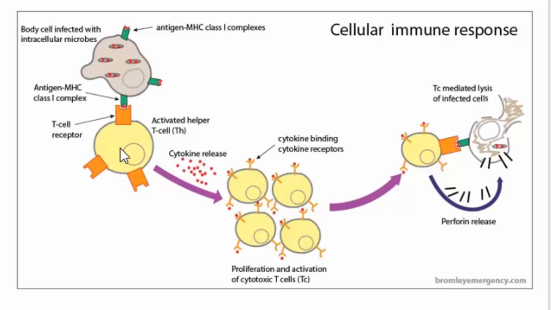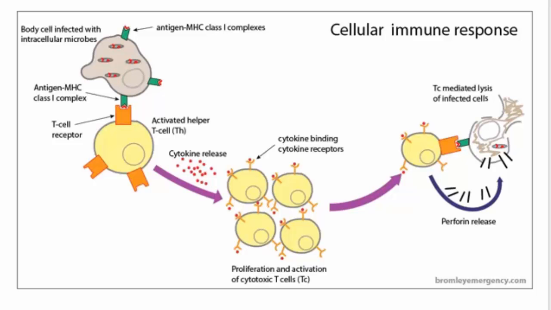The helper T cell becomes activated through that interaction and releases cytokines. Those cytokines stimulate a population of cytotoxic T cells, which go on to lyse infected cells through recognition of the same antigen MHC class I complex on the cell surface, which activated the original helper T cell back here at the beginning.